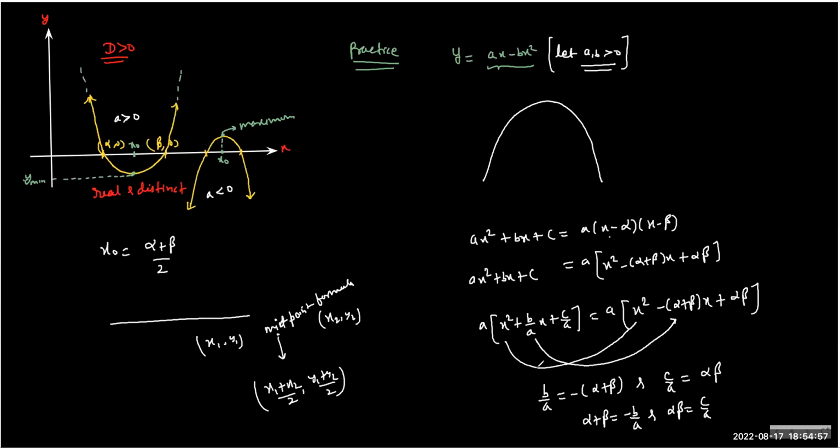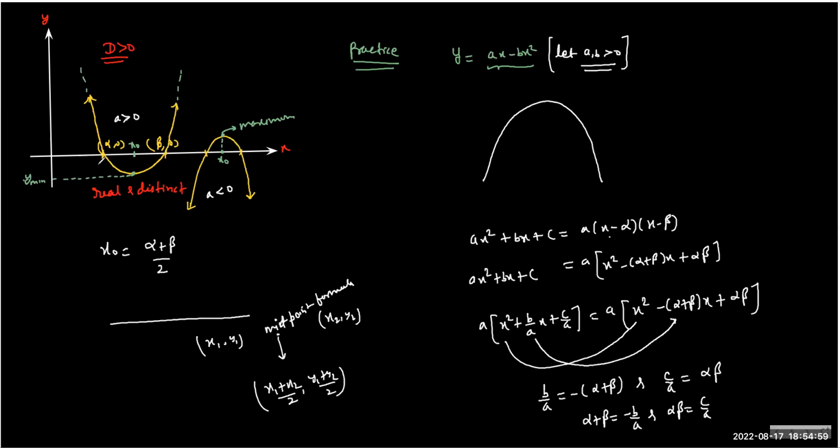All right. So therefore, the maxima or the minima we obtain at which point? Can we write this as minus b by a by 2, which is minus b by 2a? So the point at which either you will get the maxima or minima will be this point. Correct? I didn't understand why you divided alpha plus beta by 2. That's a good point.